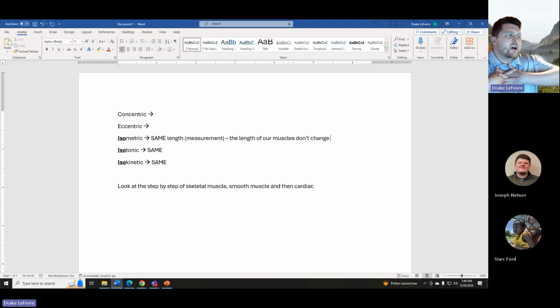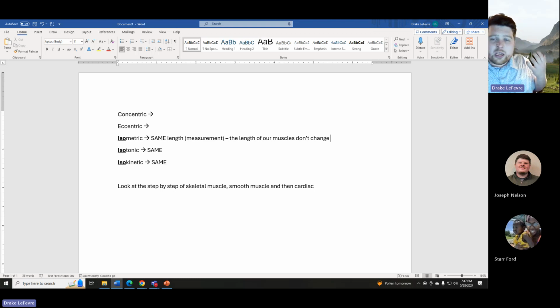So if we stop and think, what's an example of an isometric style of muscle contraction? It could be something, for example, like pushing against a wall, where we're not moving, the wall's not moving, or even like the exercise isometric holds, where you take a weight, you get it up to a certain spot, and you hold right there.